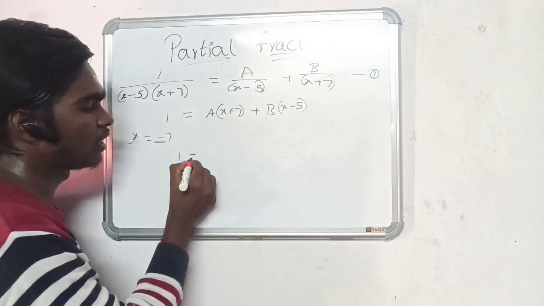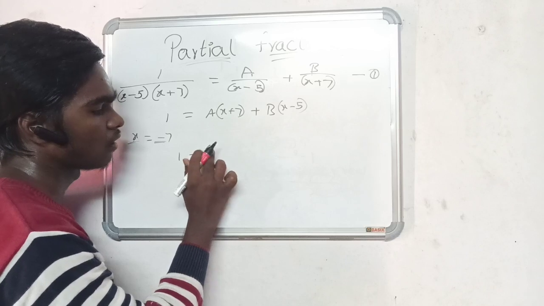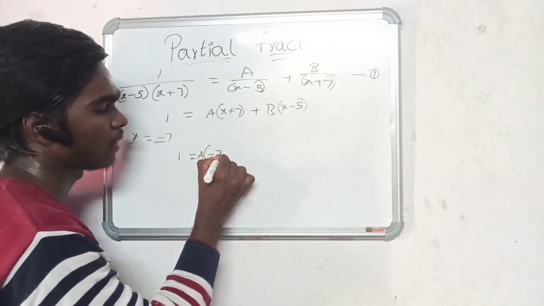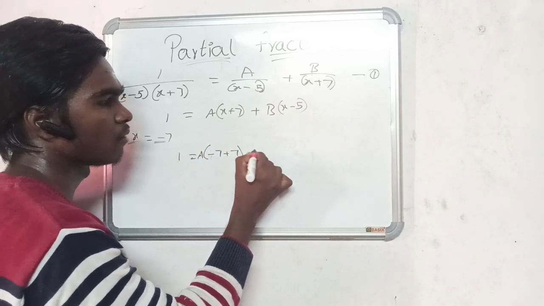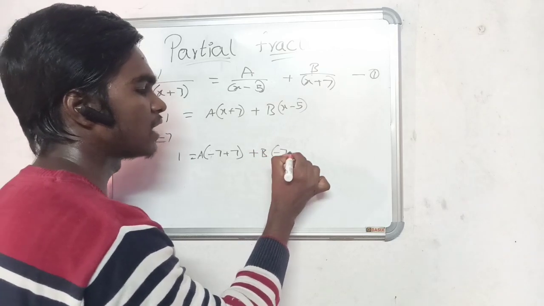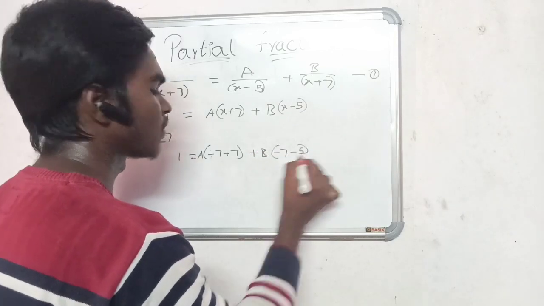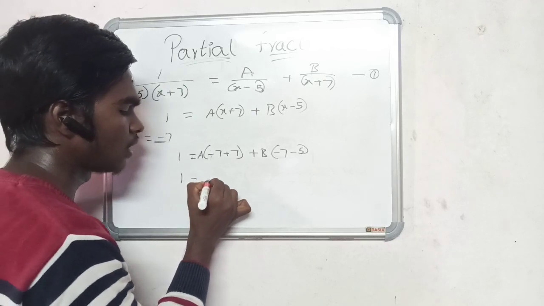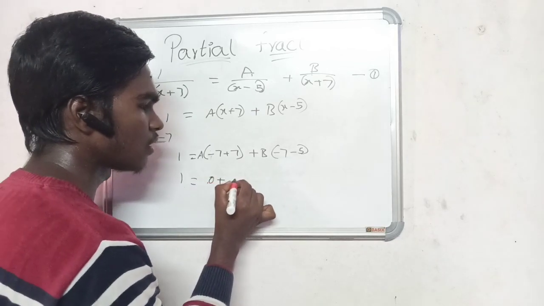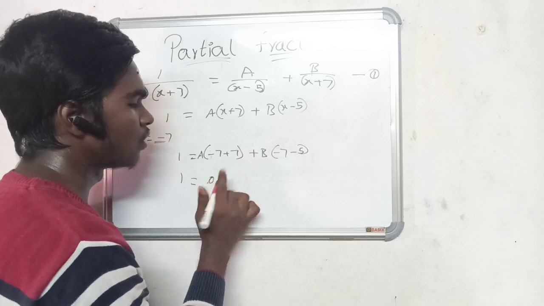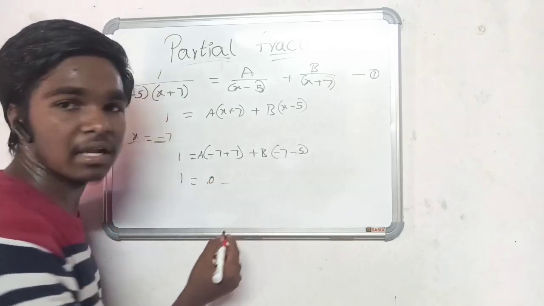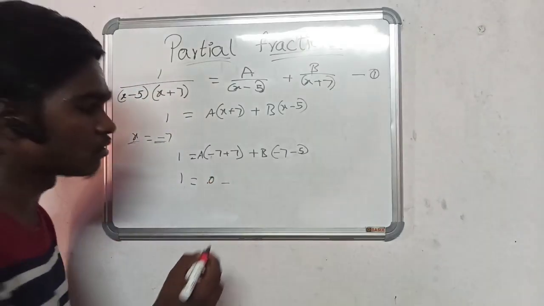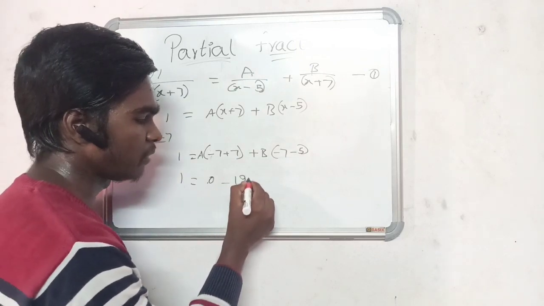Then 1 is equal to a into minus 7 plus 7 plus b into minus 7 minus 5. Then you will get 1 is equal to 0 plus b into minus 7 minus 5, which is minus 12b.